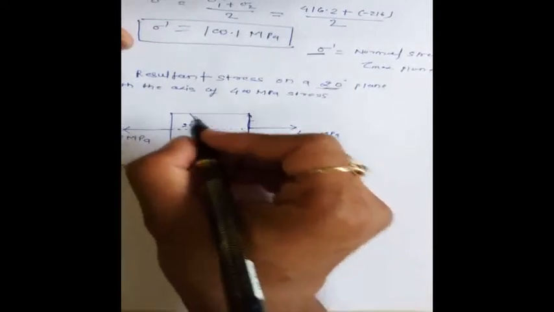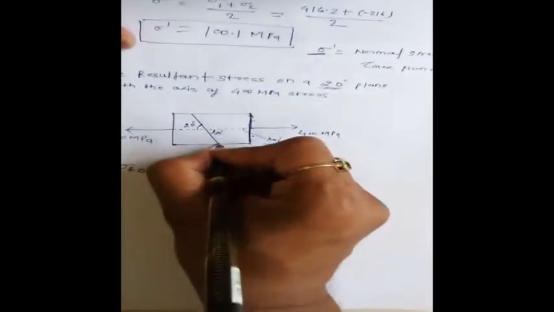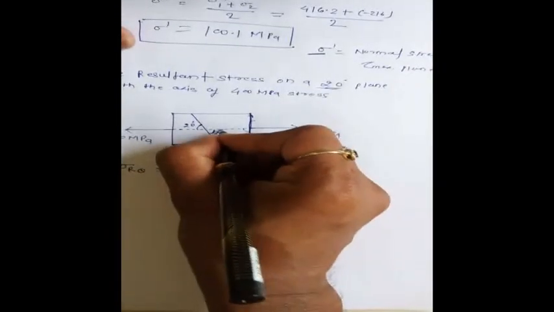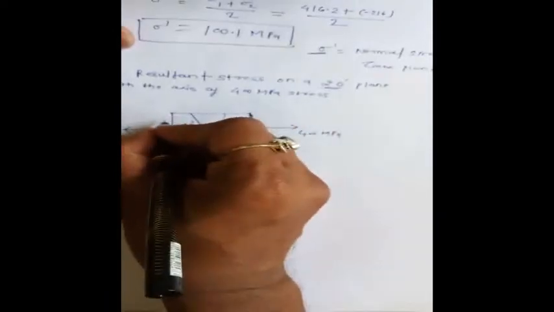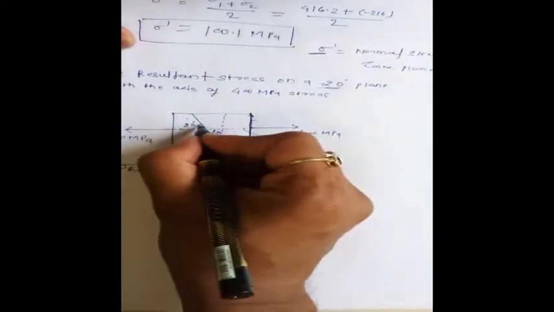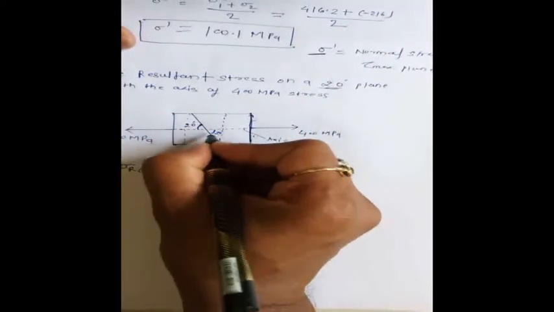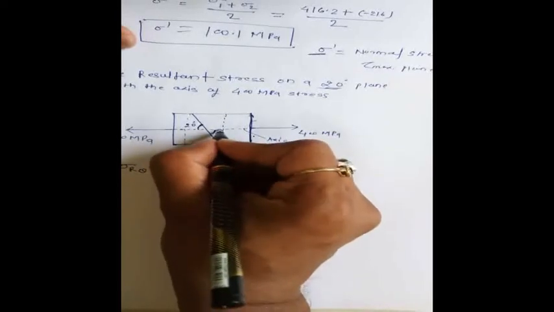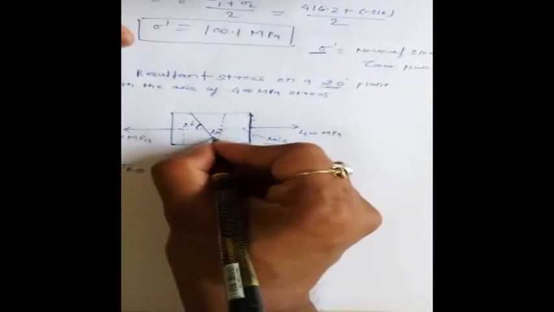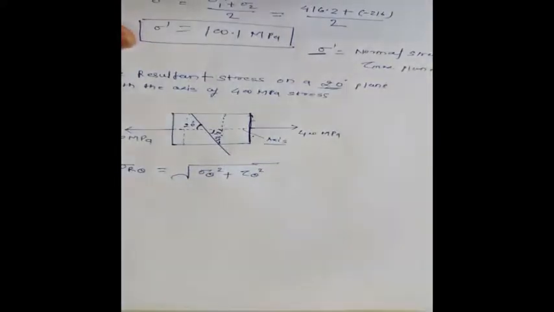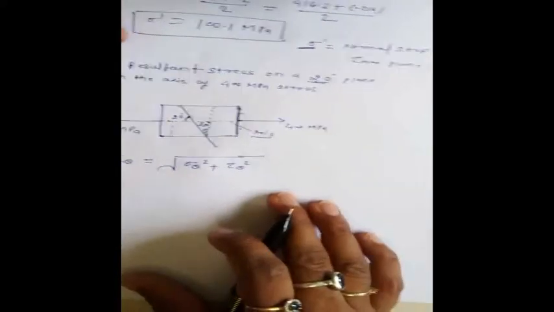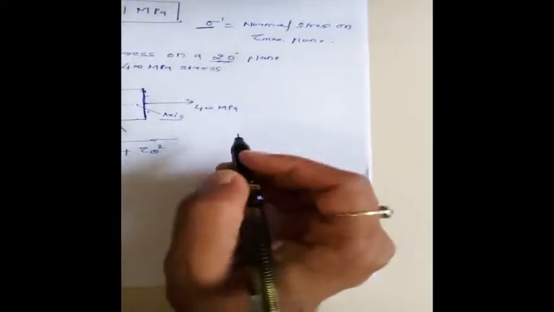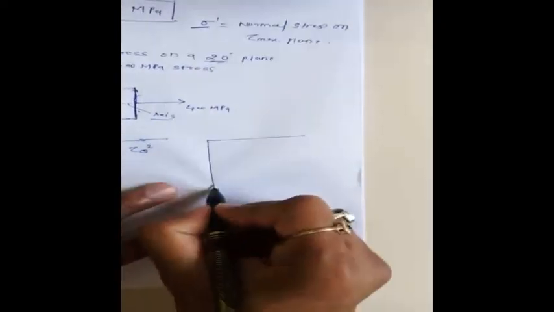Now how to find out? I shift this vertical plane here, like this. Now if this is 20 degrees and this is 90 degrees, this will be 70 degrees for us. Again I draw it to understand better in a larger view.